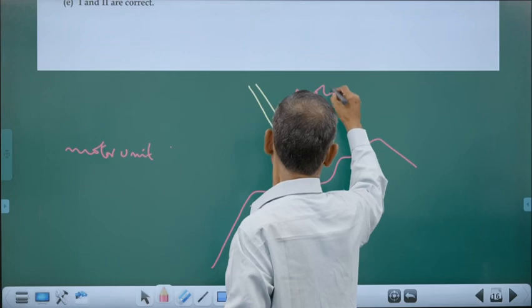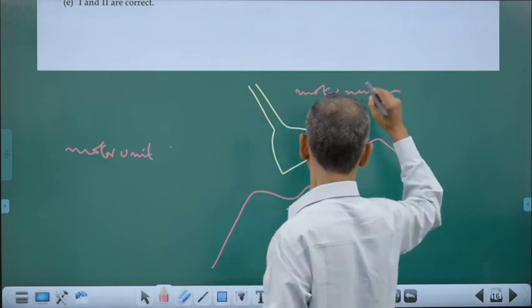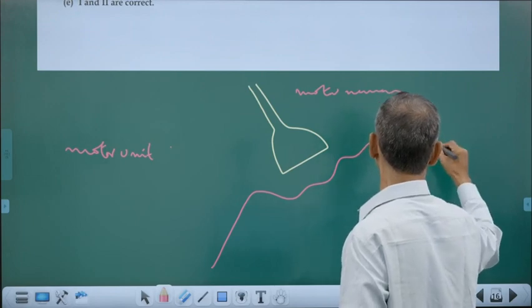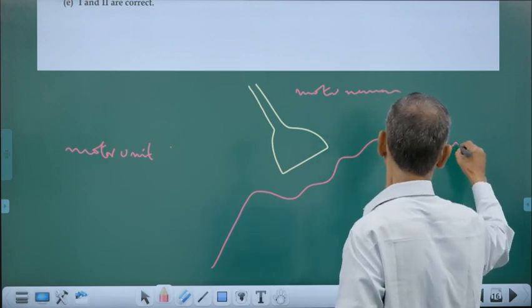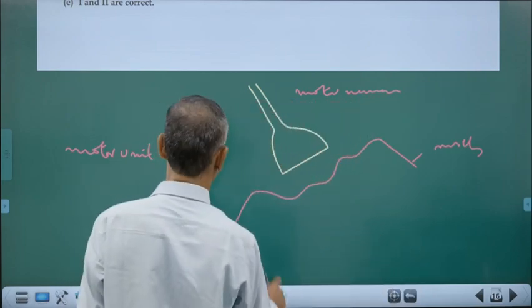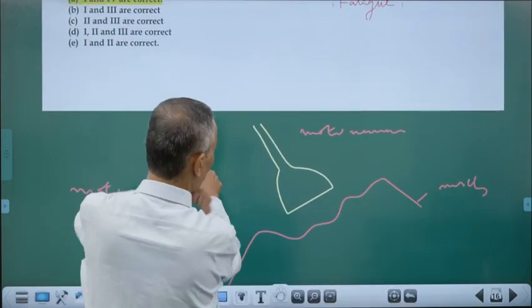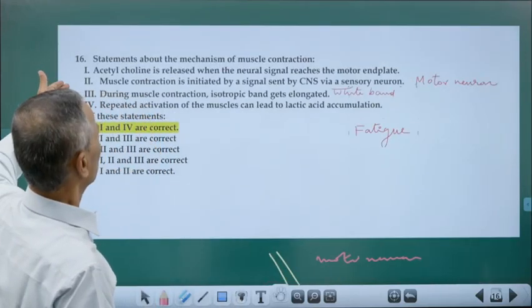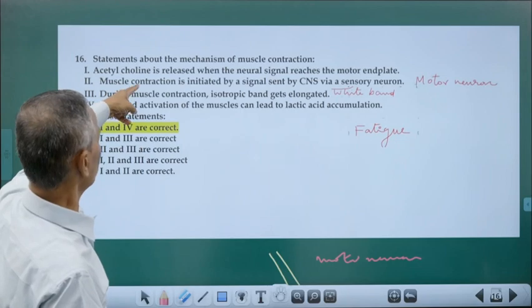This is the motor neuron. It brings signals from the central nervous system, and this is the muscle fiber. This is the neuromuscular junction or motor unit. This junction is also called the end plate. Acetylcholine is released.